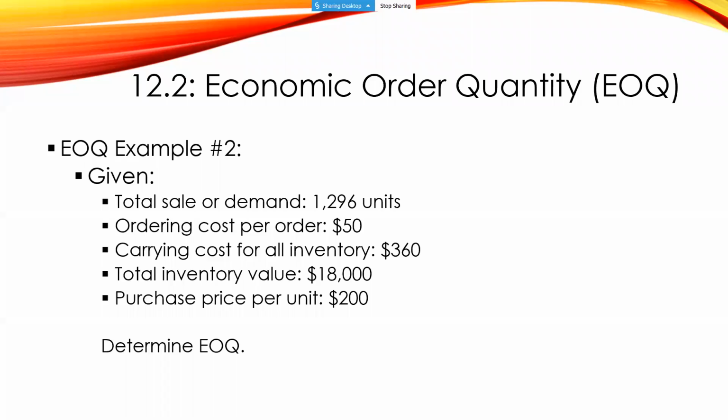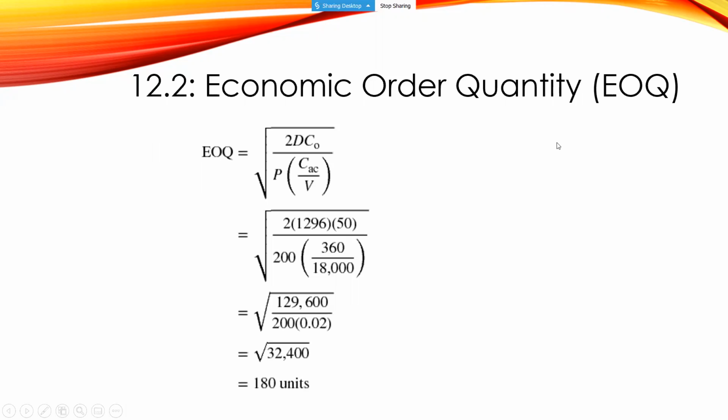So determining economic order quantity given a couple of different variables, we land at the same 180 units that we did before.